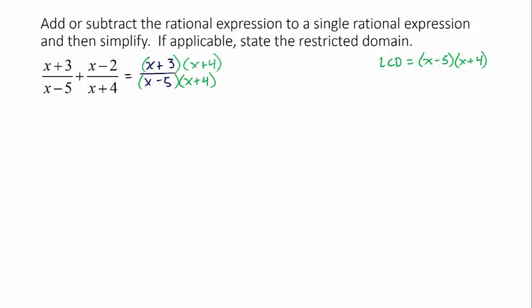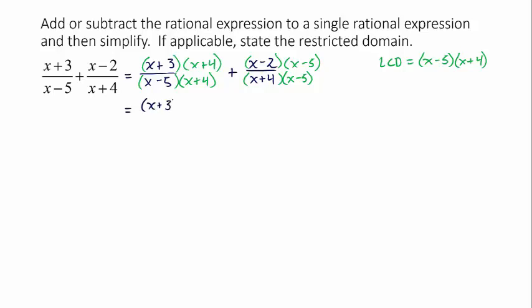So essentially I'm multiplying it by (x + 4)/(x + 4), which is just 1, right? And then the second fraction, (x - 2)/(x + 4), is missing the x - 5, right? So I have to multiply the numerator and denominator times x - 5.